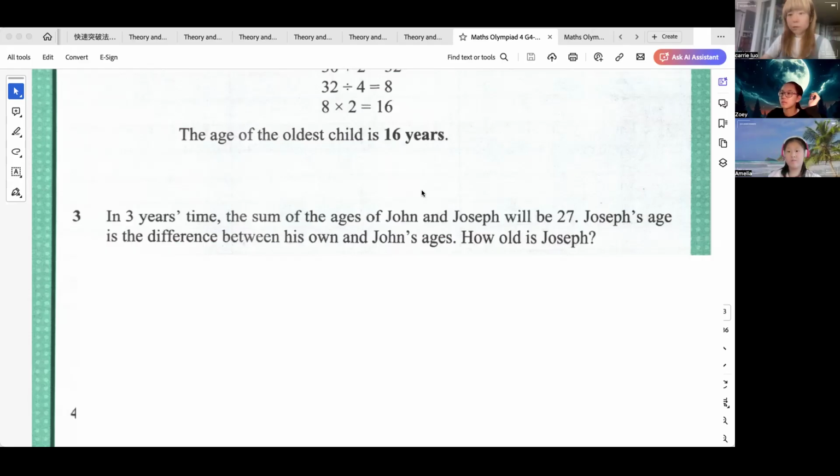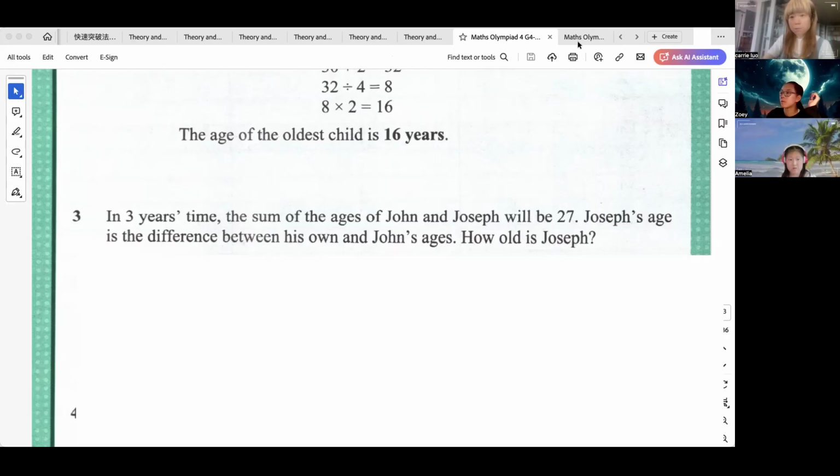So, Amelia, do you understand "in 3 years' time"?